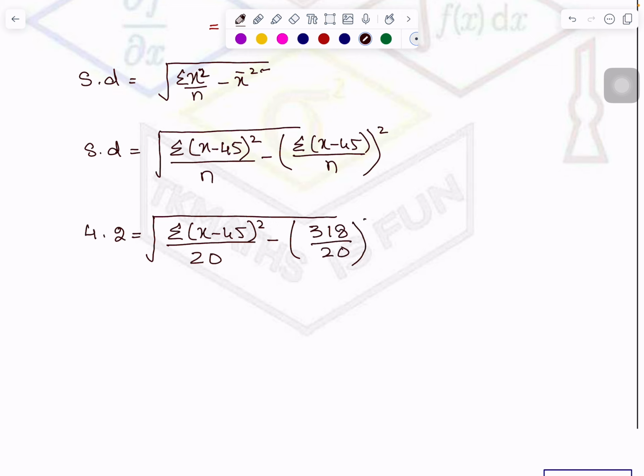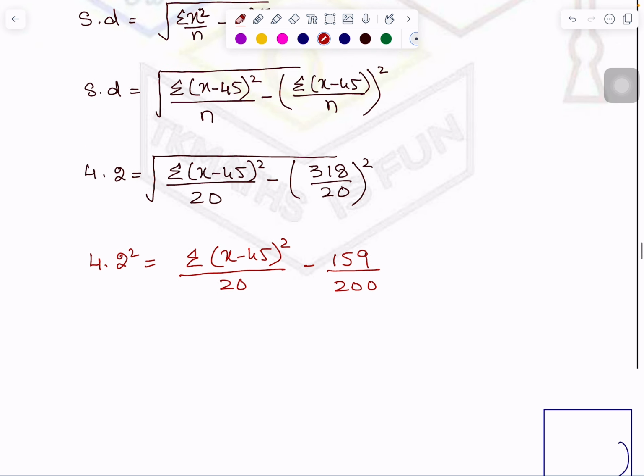Now you can pick up the calculator. First of all, we have to remove the square root, because I have to take sigma (x minus 45) squared out of the square root. So once I square it, 4.2 squared equals sigma (x minus 45) squared upon 20 minus the mean squared. You can simplify it or keep it as it is, your choice. I'm using the calculator here.